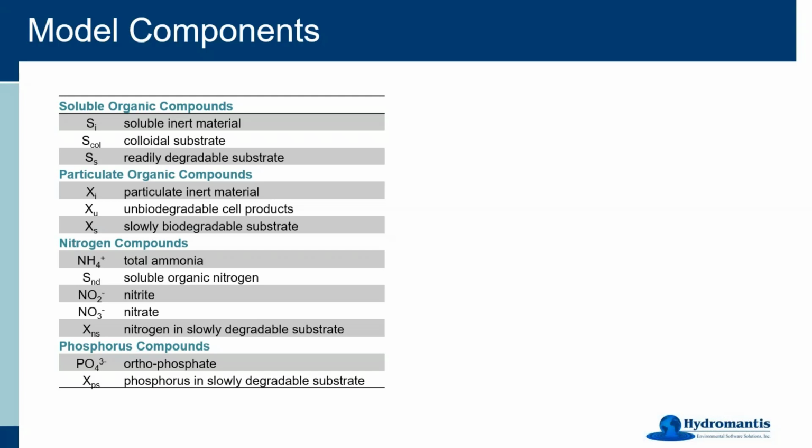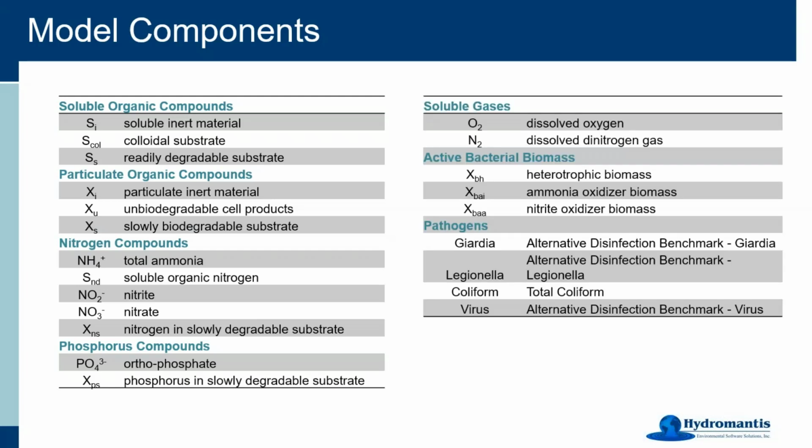So we have nitrogen components, phosphorus components, and some organic components. We have tried to limit the number of classes of organic compounds just to keep the complexity of the model limited, but nothing prevents us from adding more compounds if there is a need to model them.